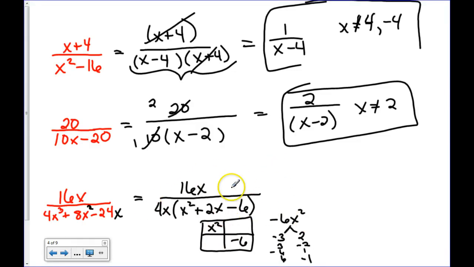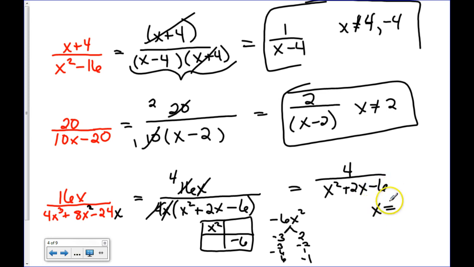What can I reduce here? I can take out a 4, and this would become a 4, and the x's disappear. So I have 4 over x squared plus 2x minus 6. What can x not be based on this right here?